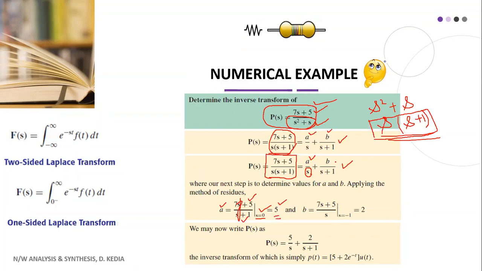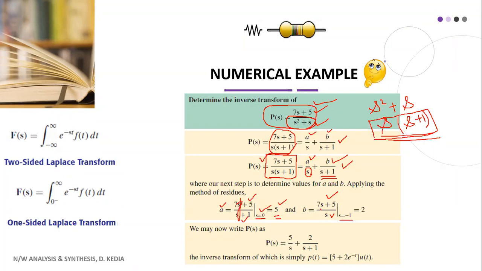Now we need to find out the value of B. So what we have to do? We have to multiply this expression with the root of B, and the root of B is (s + 1). If you multiply this with (s + 1), (s + 1) will be cancelled. You will be left with (7s + 5) divided by s. And we need to substitute the value of the root, which is s equal to minus 1.